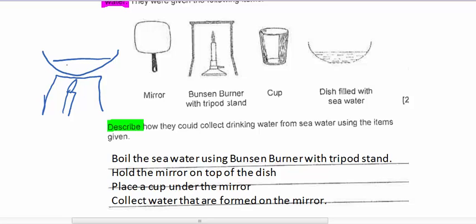Now, when it boils, it will start to evaporate. Correct? So what you do then is you put your mirror here, like that, and then you put your cup somewhere here. The water droplets will start to form, and it will slowly roll down and drip into the cup. Then it will fill up with fresh water. So basically this is what you're describing.